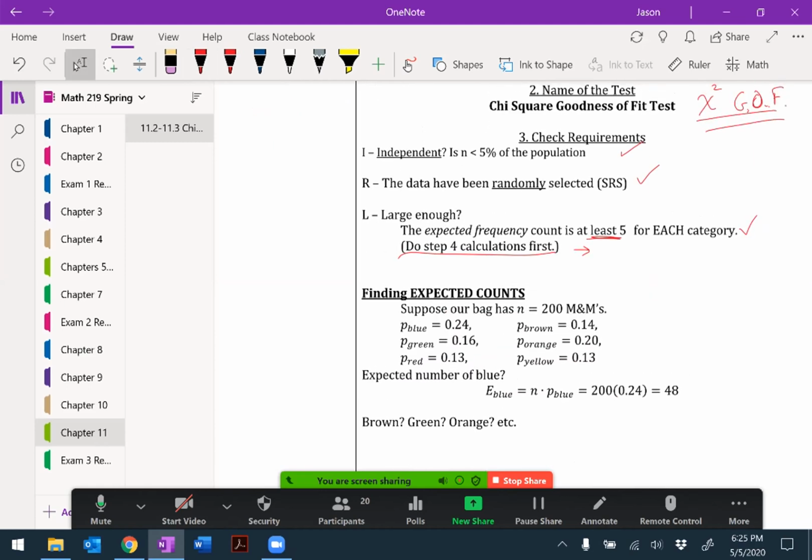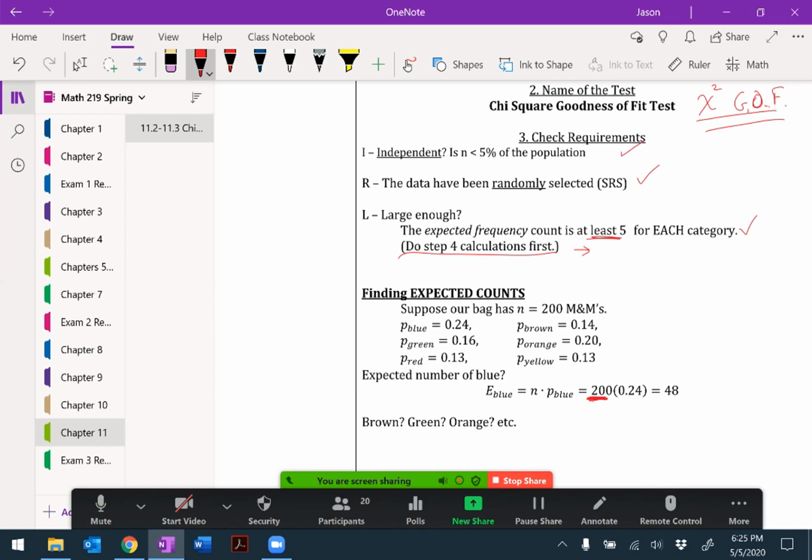Okay, finding the expected counts. How are we going to get the expected counts? Well, we want to know, out of 200 M&Ms, what is my expected amount of blue? Well, that's just N times P, right? So N times P is going to be my expected amount. Think of it like X, right?